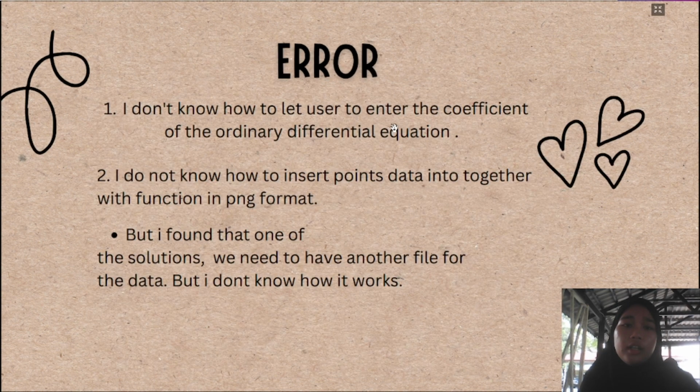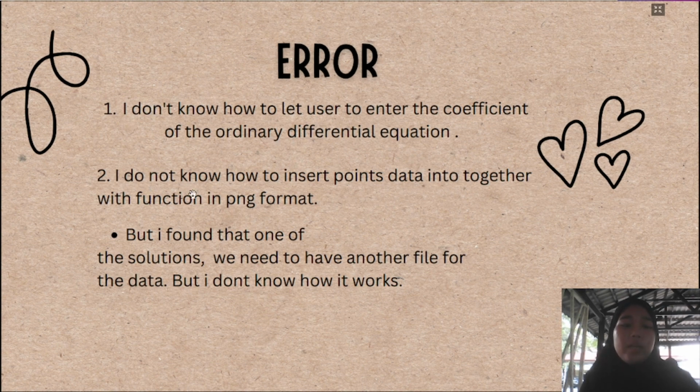From my coding just now, I have mentioned two errors that I don't know how to solve. The first is I don't know how to let the user enter the coefficients of the ordinary differential equation.